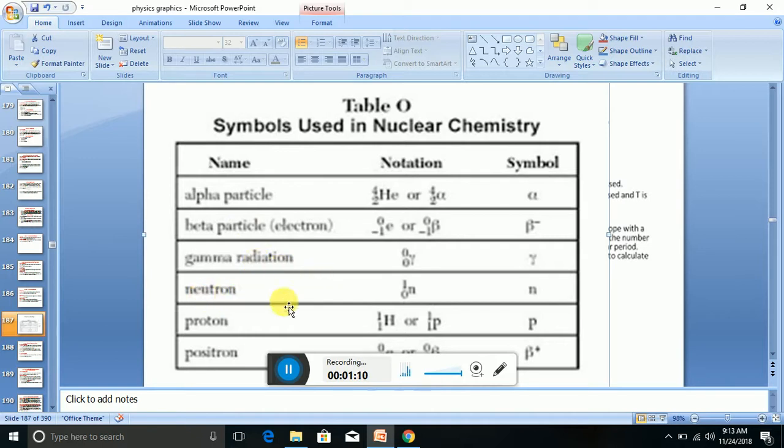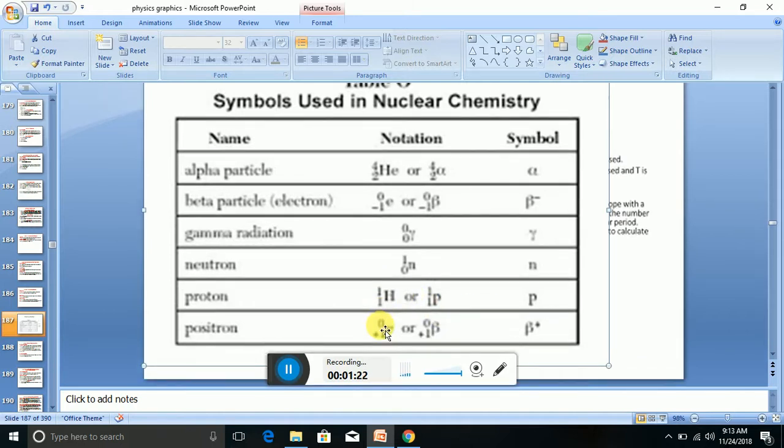You can also have neutron, which is mass number 1 and atomic number 0, like this, or proton, which is actually a single hydrogen, 1 1, or positron, which is 0 mass number and atomic number +1.